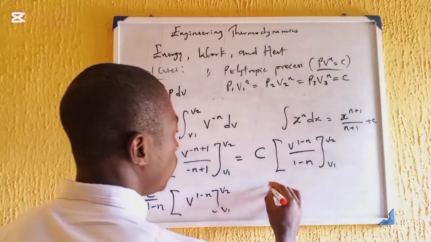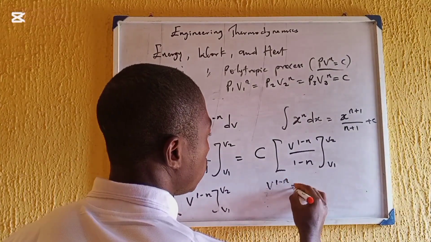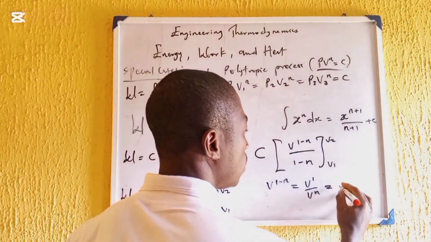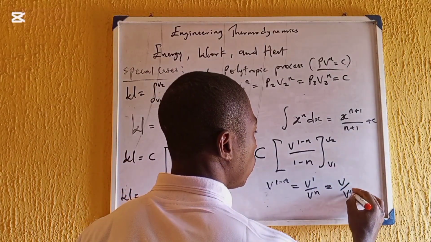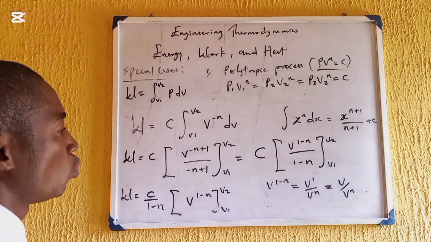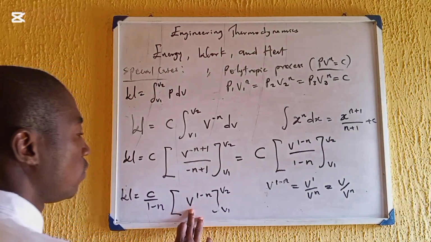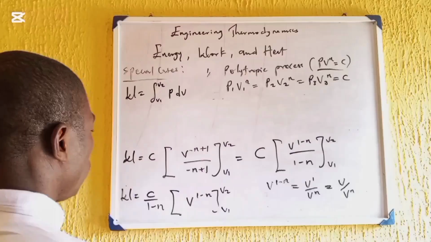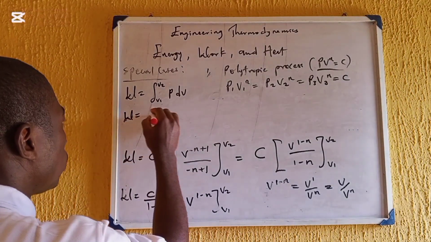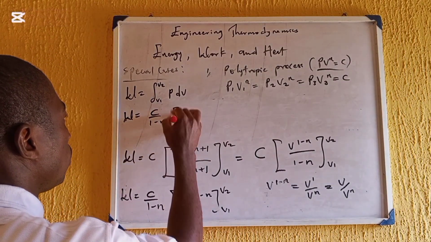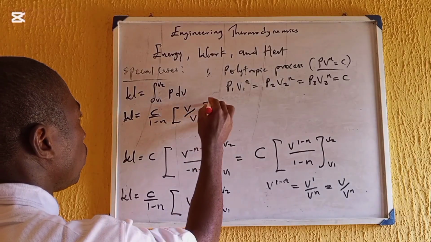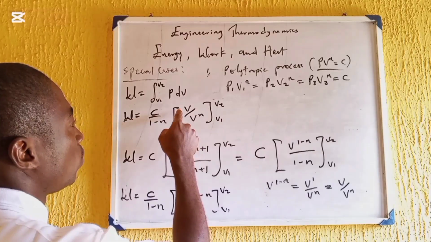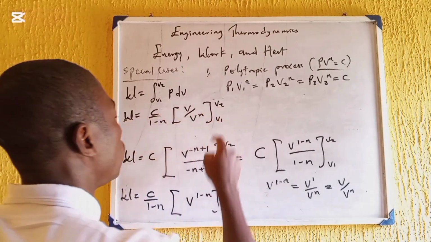From indices, we know that V to the power 1 minus n is equal to V over V to the power n. So we substitute V to the power 1 minus n with V over V to the power n. So we have work equal to C over 1 minus n into V over V to the power n, from V1 to V2.